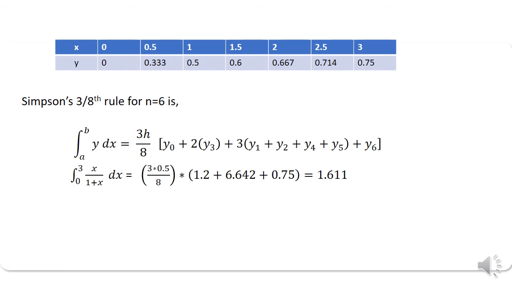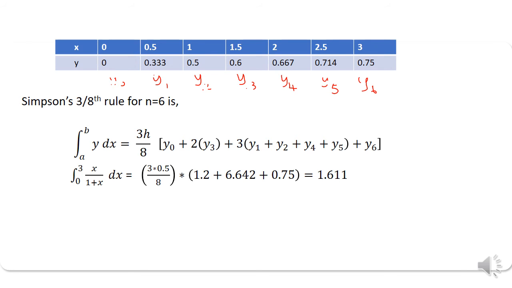Substitute the x values in the given function. We get the respective y values. Same as the previous problem, the first value is y0, this is y1, 0.5 is y2, and our y3 is 0.6, y4 is 0.667, y5 is 0.714, y6 is 0.75.